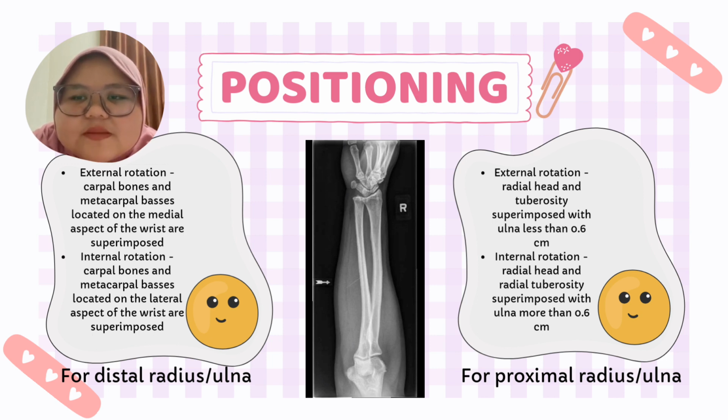Meanwhile, at the proximal radius ulna, we can see the internal rotation as radial head and radial tuberosity are superimposed with ulna more than 0.6 cm.